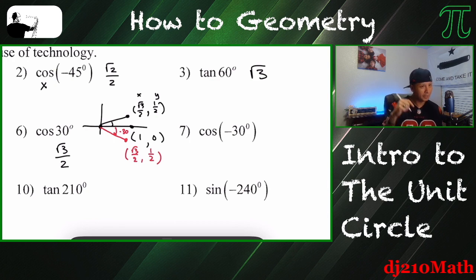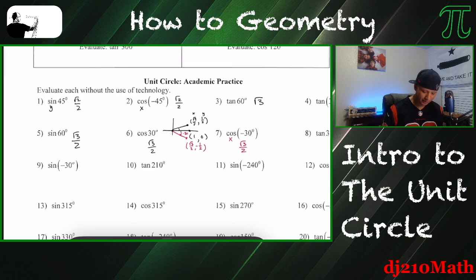But because it went down, the y is negative, right? Because y values are negative when you go down below the x-axis. All right, so this is an accurate representation of the unit circle. Cosine is the x value at negative 30. So the x value would be root 3 over 2. Okay, hopefully this helps out.